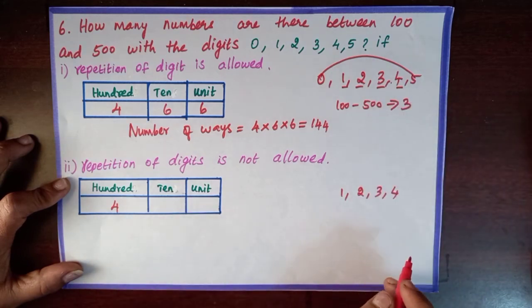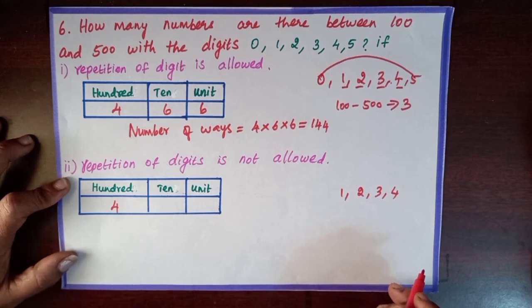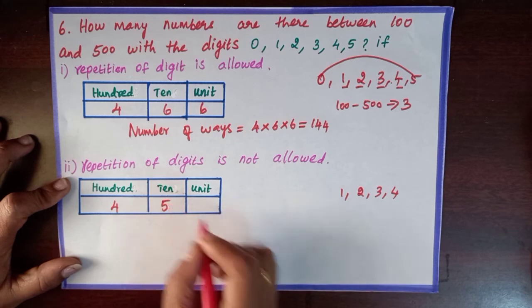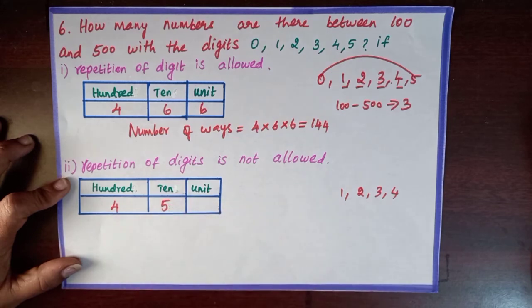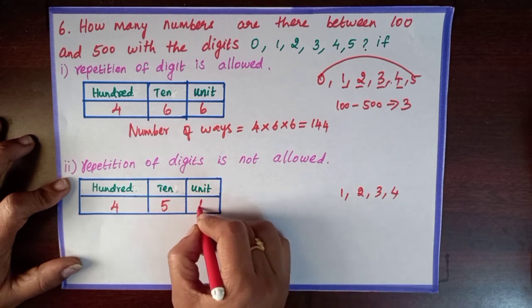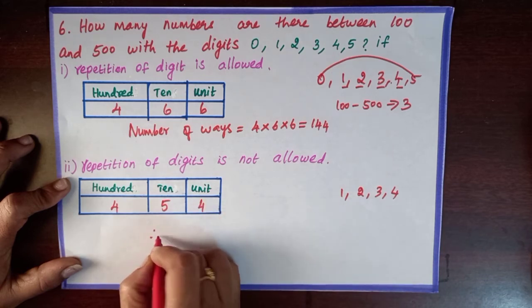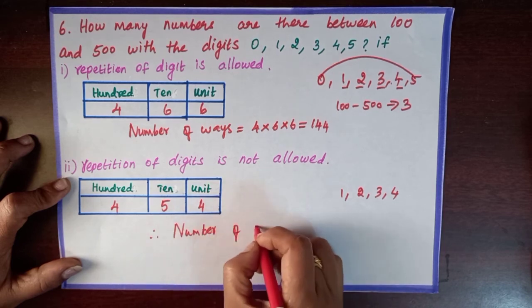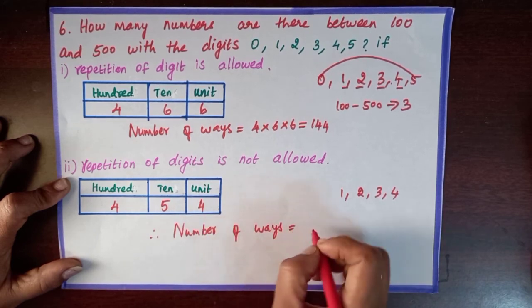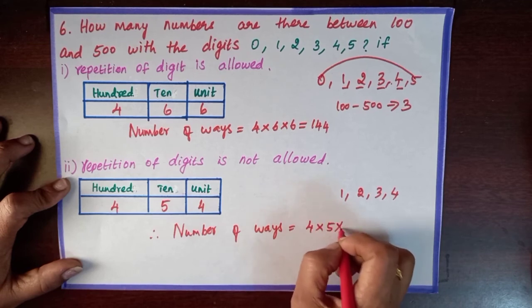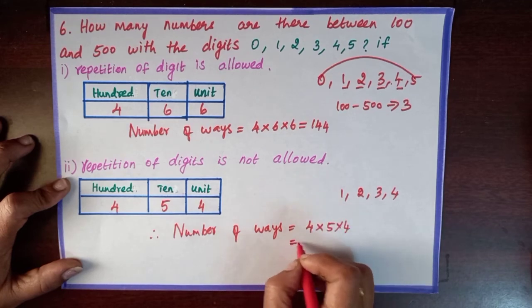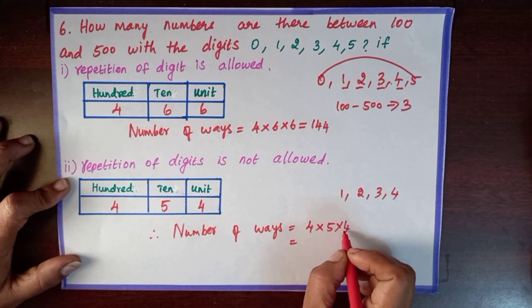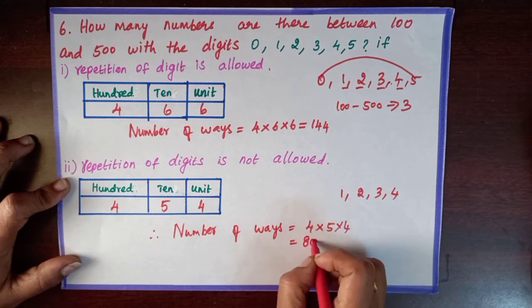The tens place can be filled by any one of the remaining 5 digits in 5 ways. The unit place can be filled by any one of the remaining 4 digits in 4 ways. Therefore, number of ways is equal to 4 into 5 into 4. 4 5s are 20. 20 into 4 is 80.